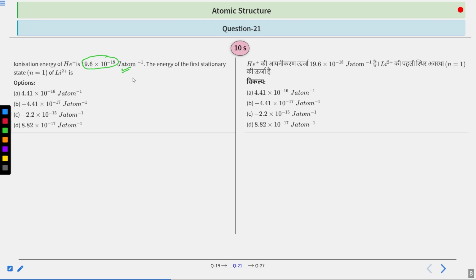The energy of the first stationary state, n equals 1, of lithium 2 plus is, your options are: A, 4.41 into 10 to the power minus 16 joule per atom; B, minus 4.41 into 10 to the power minus 17 joule per atom; option C, minus 2.2 into 10 to the power minus 15 joule per atom; and option D, 8.82 into 10 to the power minus 17 joule per atom. So you have basically 10 seconds to solve this question. Your time starts now.